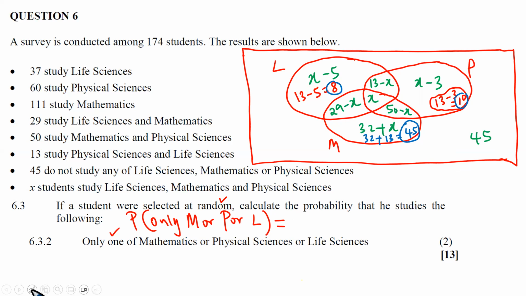Very good. Which means that here you'd have 8 or 10 or 45, all divided by 174.